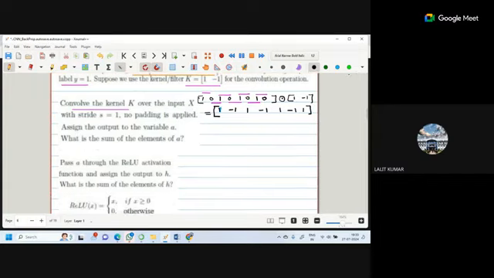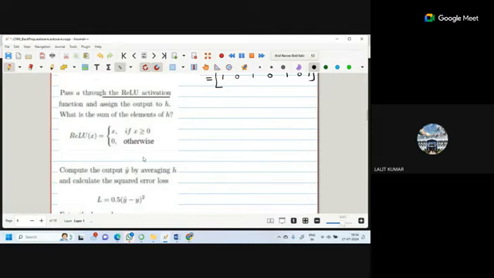Now the question says pass through the ReLU activation. Let's say this is A and H is equal to ReLU of A. Once we pass through ReLU, all the negative values become 0, so this will become 1 0 1 0 1 0 1.